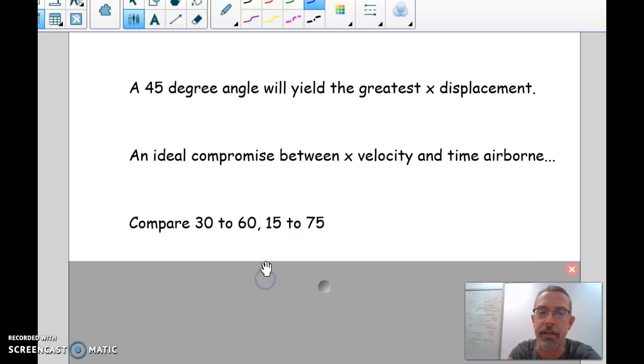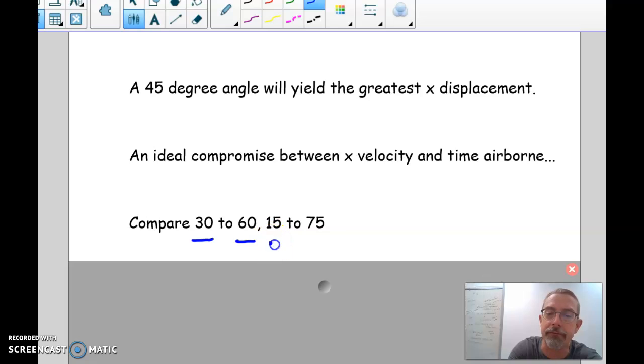Now, what's really interesting is that if I have angles that add up to 90, they will travel the same distance. So these complementary angles, at least in a world without air resistance, if I shoot something at a 30-degree angle versus a 60-degree angle, they will travel the same distance in the x direction.